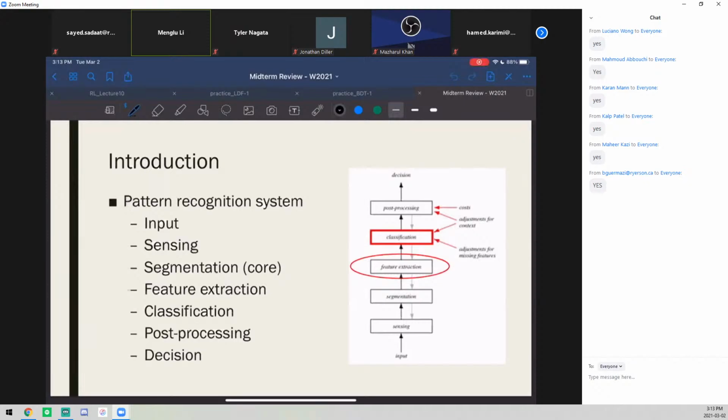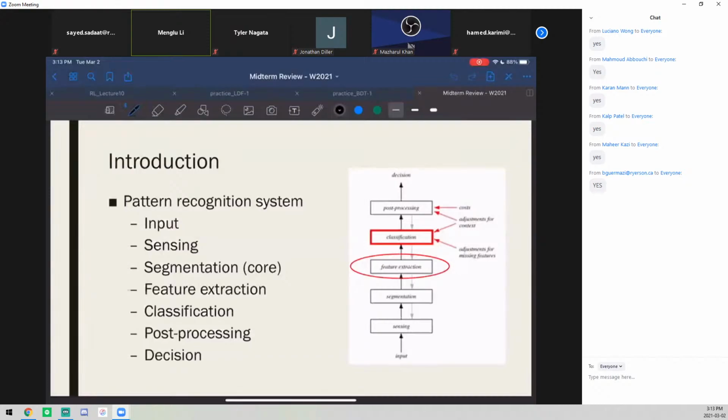For example, if we find the error rate is too high, we decide to change the decision boundary or change the features. We make some changes during the post-processing. The final step is decision. In this step, we just output the result of this pattern recognition system.